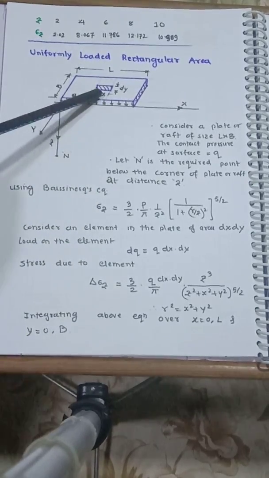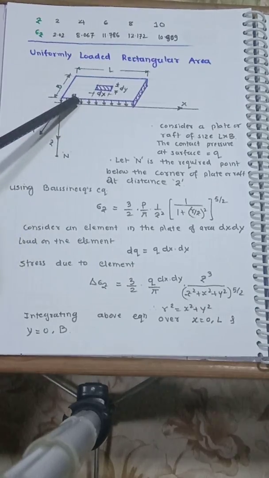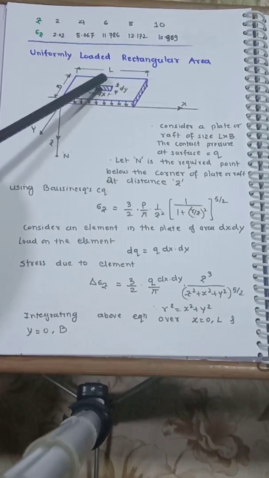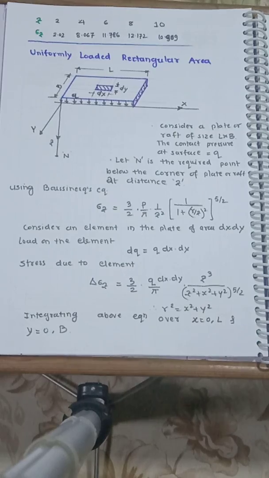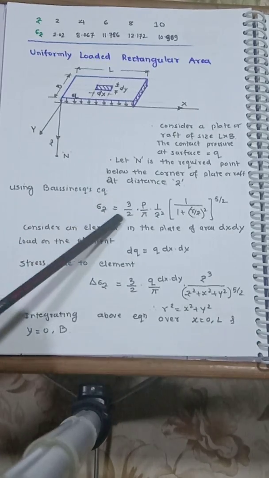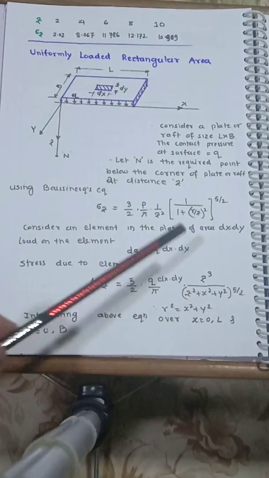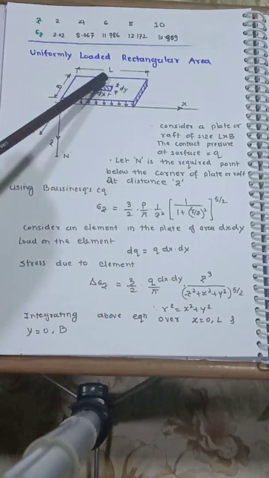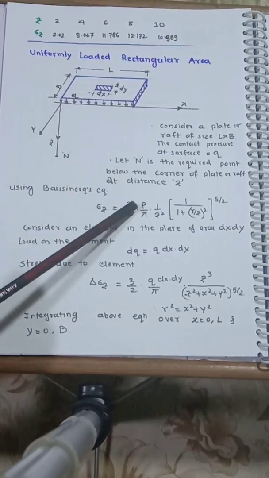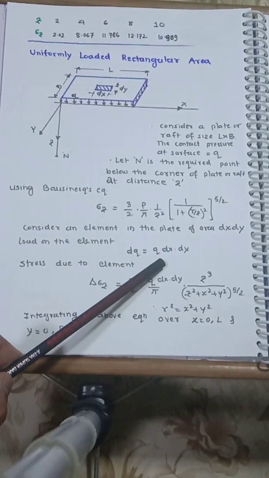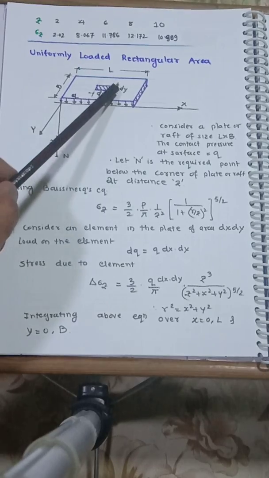This element is subjected to the same stress, suppose Q, then I can convert it into a small load. So using Boussinesq's equation, the basic equation, consider this element and the small point load, because we require a point load here, as Q is the intensity multiplied by this area.